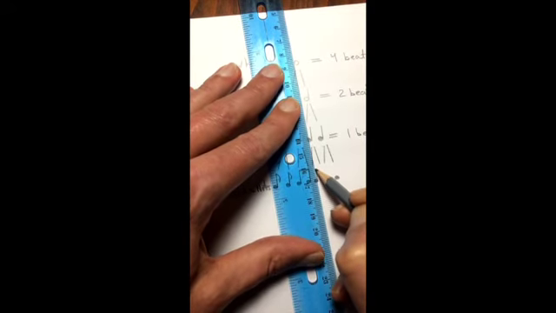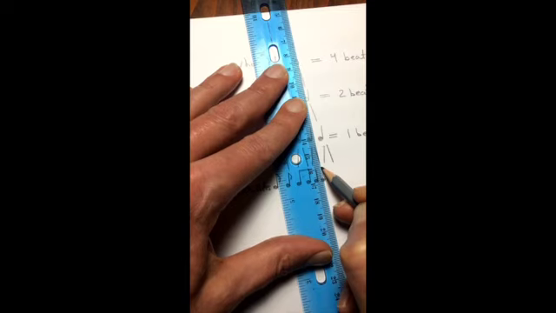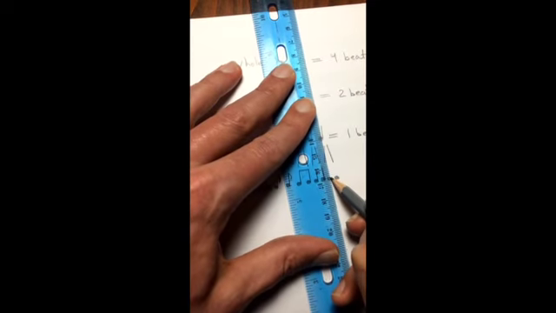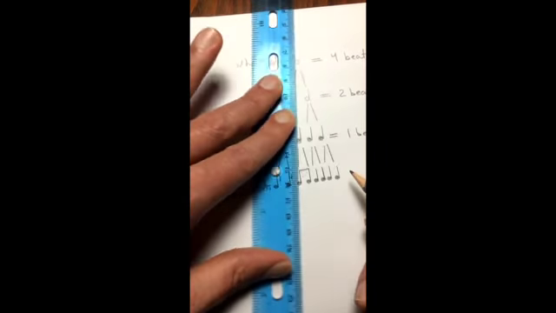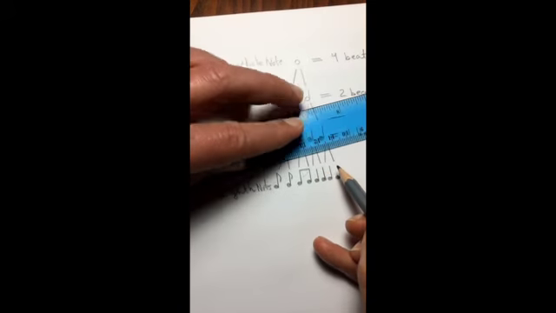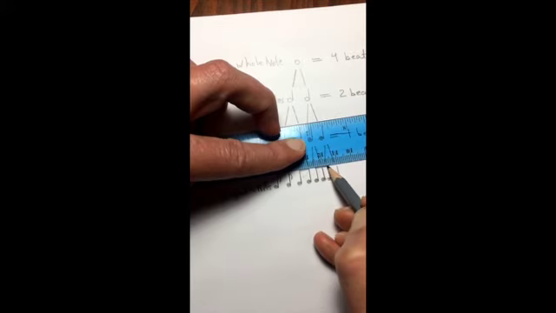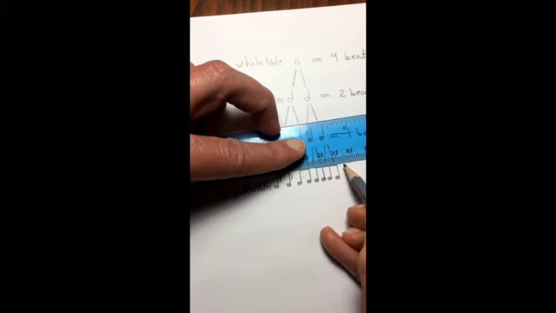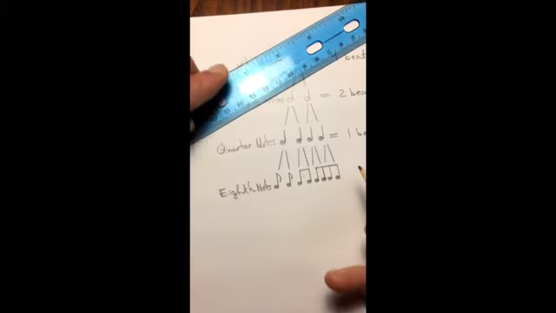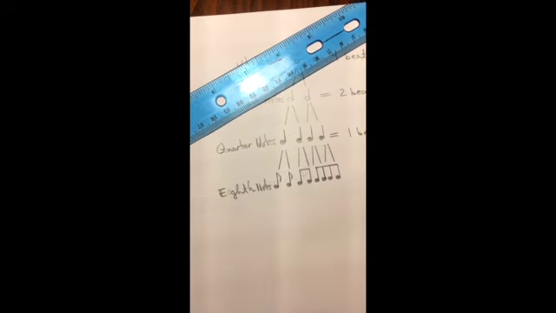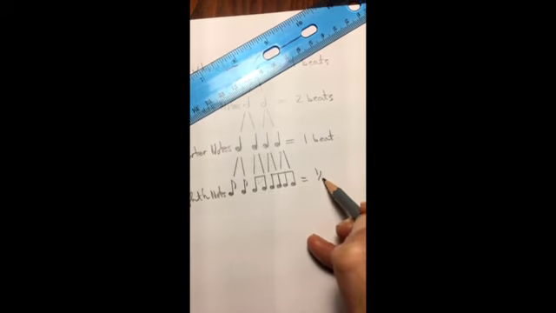So here we go. I'm going to do the stems first. And I can also group them in larger amounts. So I can beam right across 4 if I want, or in certain cases more. Okay, now so there we have eighth notes, and they are equal to half a beat.